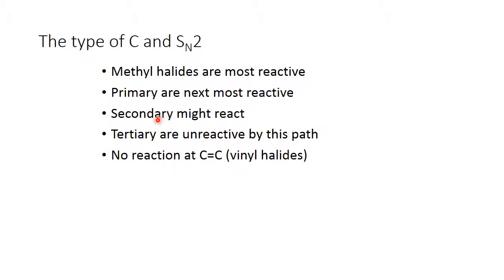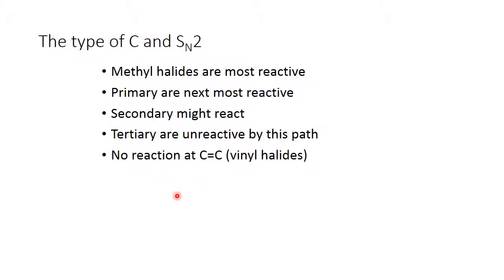They can react, but they can be slow, so slow that they don't occur quickly enough to be useful. Tertiary carbons are so crowded because there are 3 carbons attached that they do not undergo SN2 reactions at all. And of course, you don't have nucleophilic displacement occurring at all on an sp2 carbon, so we don't have to worry about the vinyl halides at all.